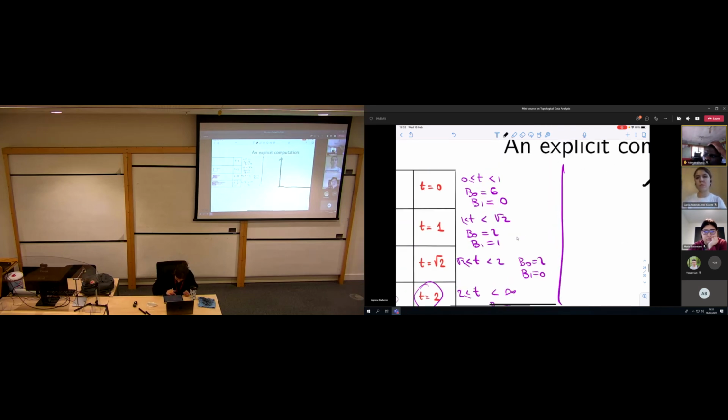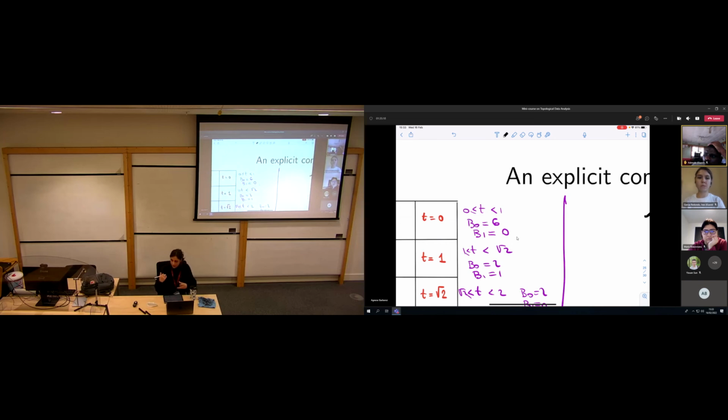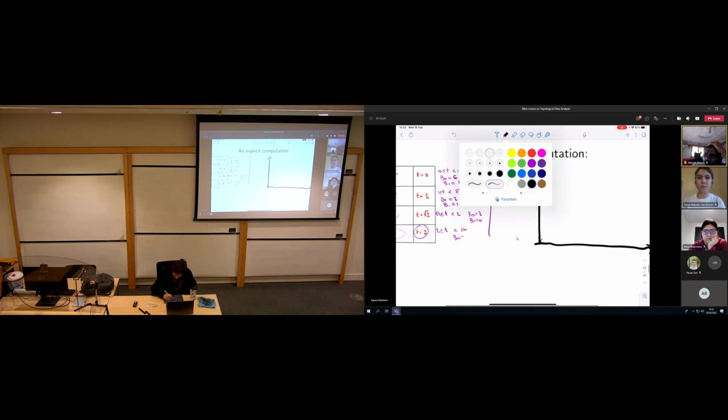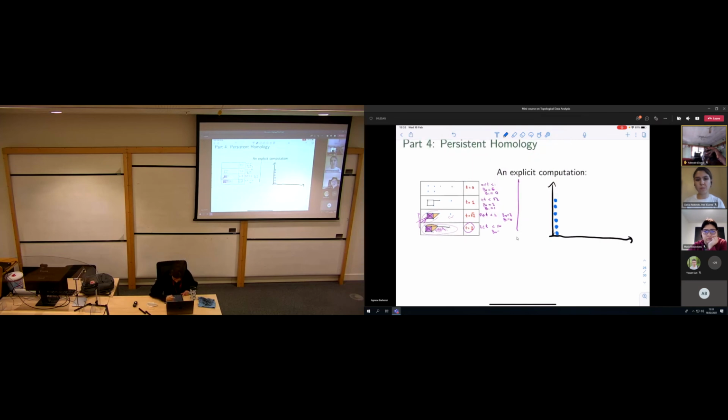For example, I start with 6 separate points, so I start with the 6 zero-dimensional features, 6 connected components. Let me draw them in this way. I start by drawing 6 points. Now, these 6 zero-dimensional features are born at time 0, then they all stay separate until time 1.